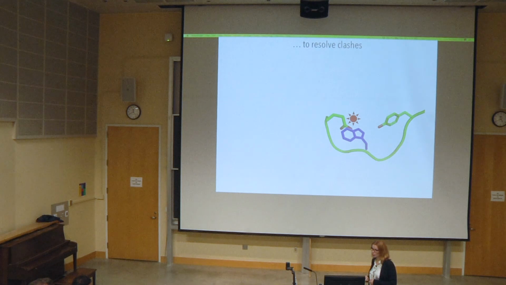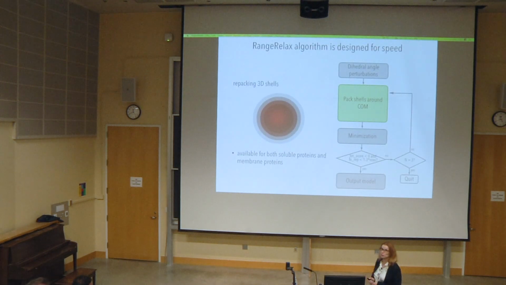So what I've developed is a protocol that can deal with that much more efficiently by doing the repacking from the inside out. Basically, I define shells from the center of mass of the protein where I repack residues from the inside out. That means the side chains can always move. They will not clash with each other, or at least not as often.